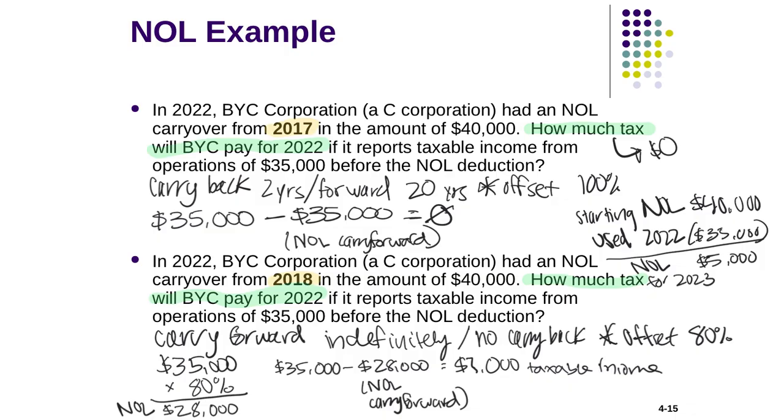Then to calculate the tax, because that's ultimately the question we want to answer, tax is our tax base times our tax rate. So we know our tax base. Tax base is $7,000. And then the tax rate for a C corporation is 21%.